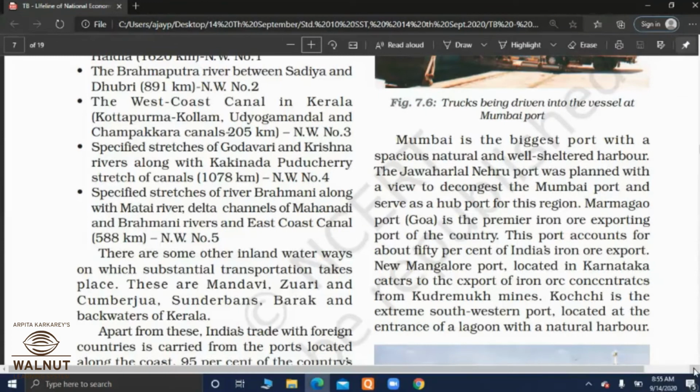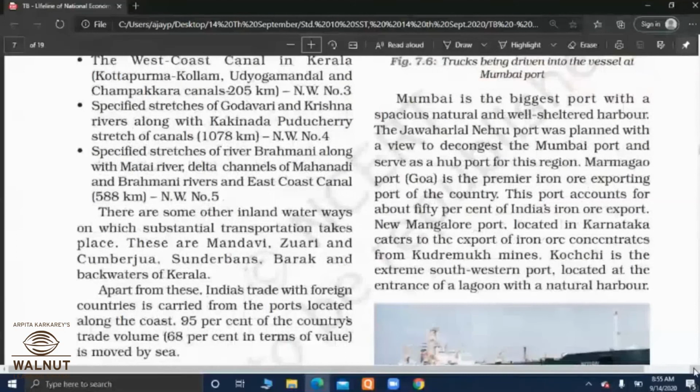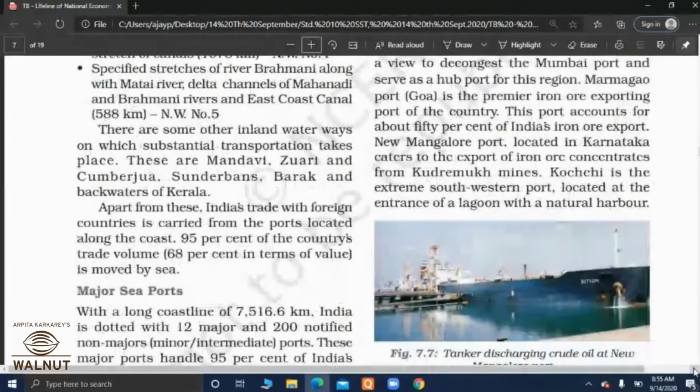Marmagao Port in Goa is the primary ore exporting port of the country. This port accounts for about 50% of India's iron ore export. New Mangalore port, located in Karnataka, caters to the export of iron ore concentrates from Kudremukh mines.